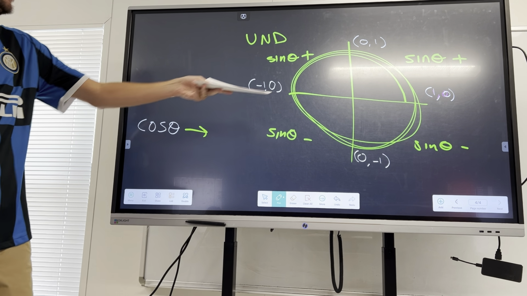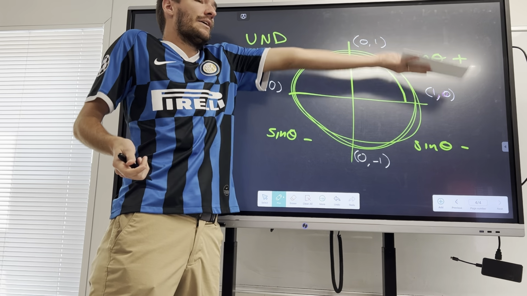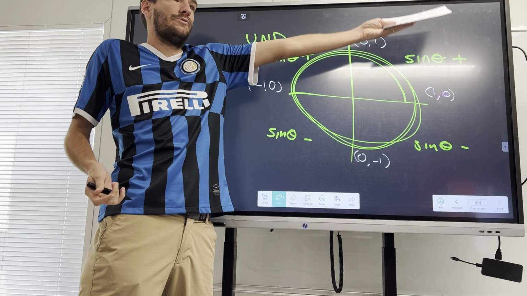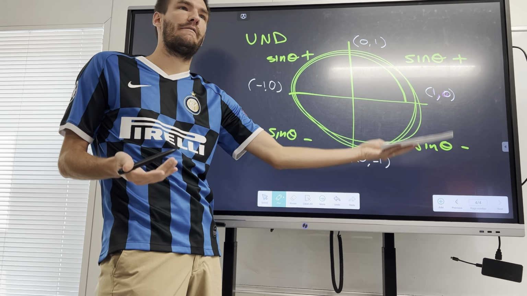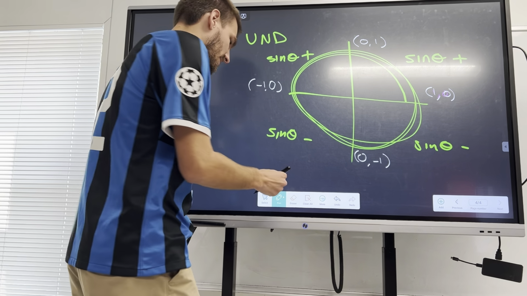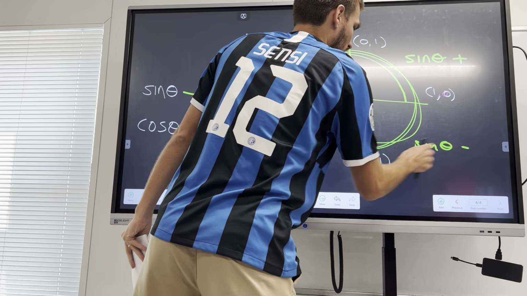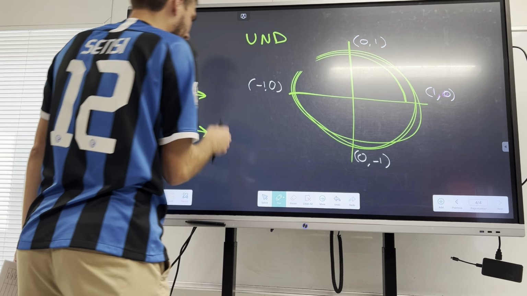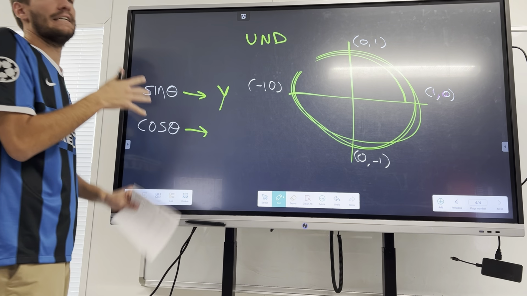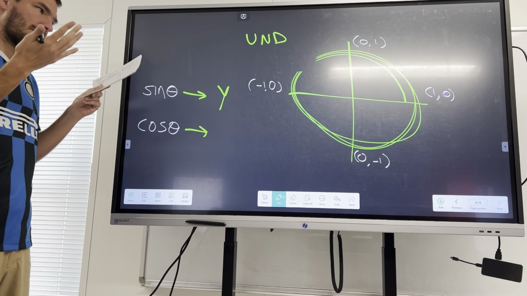The y values, because when it's up here in the positive y values, it's positive. And when it's down here in the negative y values, it's negative. So that is why sine is the function that deals with the y.